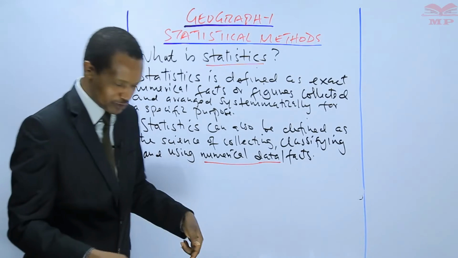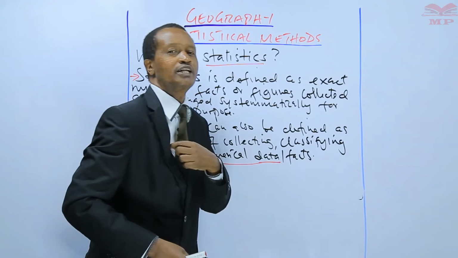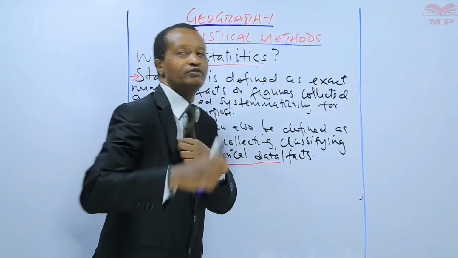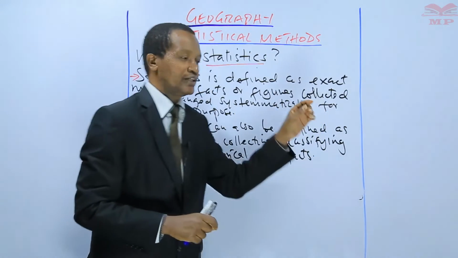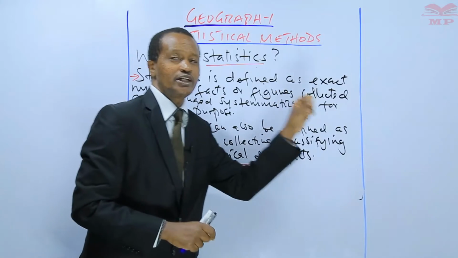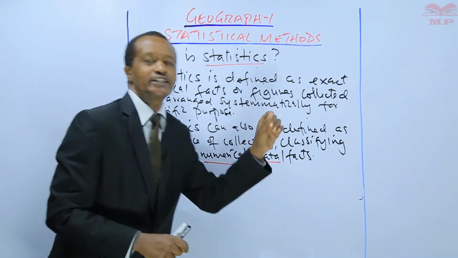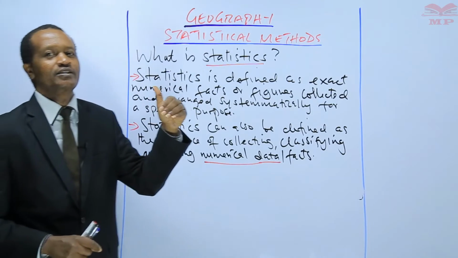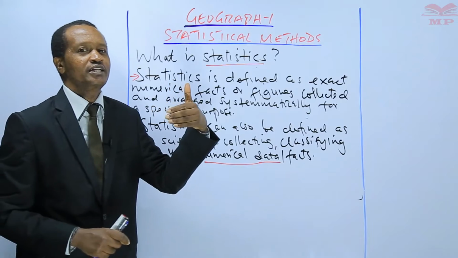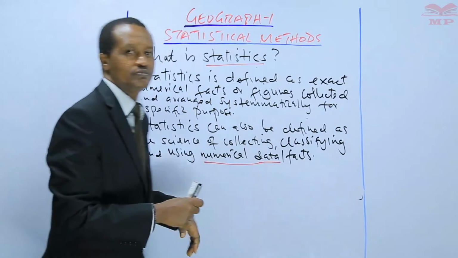It can be the number of ties or shirts that you have had since standard 1. You can have a record, whether 20 or 30. That 20 or 30, that is statistical data, learners. So statistical data simply means information presented in numerical form.